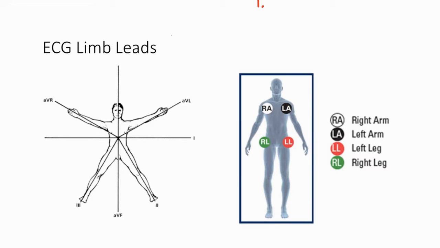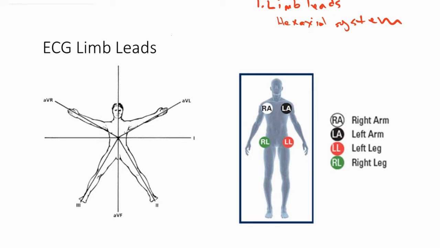The first one is what we call the limb leads, which are shown here. This is made up of 4 different points where the leads are placed, and this ends up creating the hexaxial system.